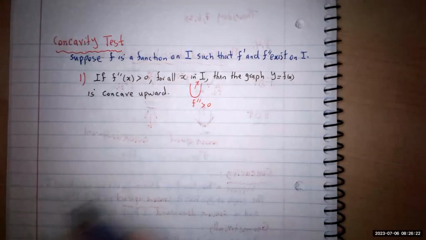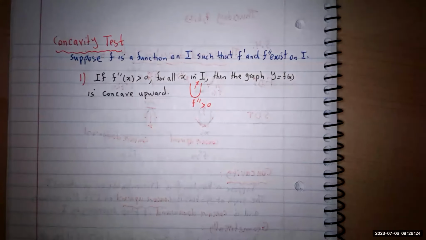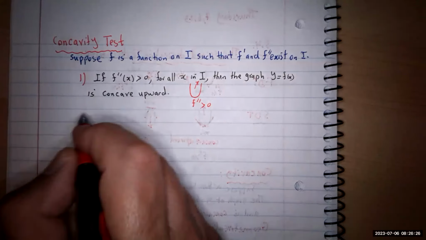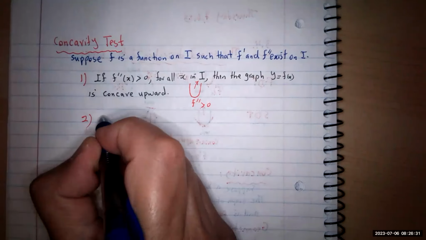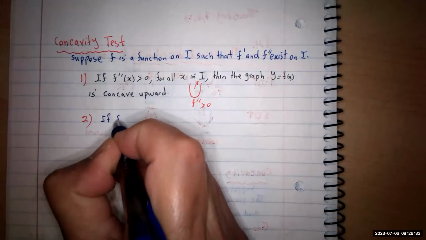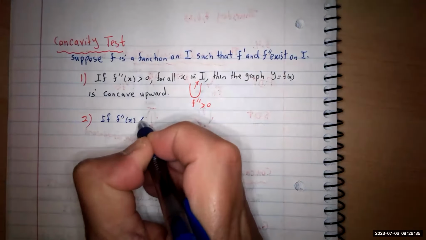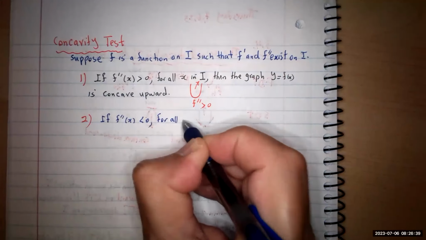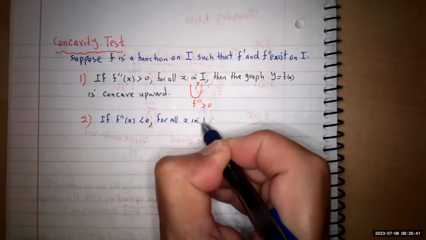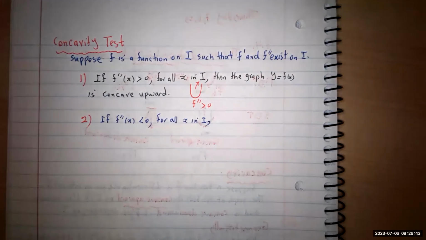It's just part of the definition that we talked about. Case two, the other way around. If f double prime of x happens to be negative, again for all x in I, negative means down. It's concave downward.